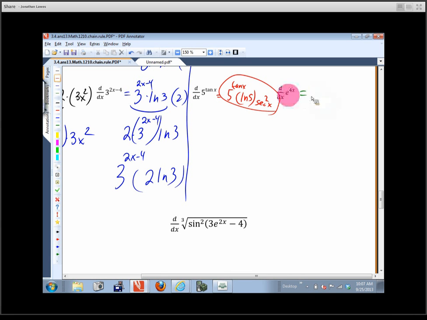So the derivative of this exponential is that exact same exponential times the ln of the base times the derivative of what we were plugging into that exponential, which is 4x. So the derivative of 4x with respect to x is 4. So then we run through here, and this represents all of that rule that we were just talking about.